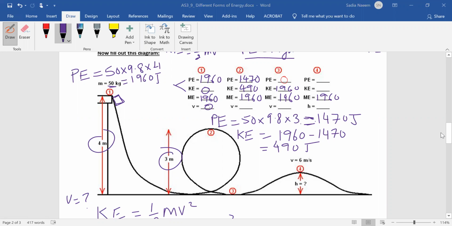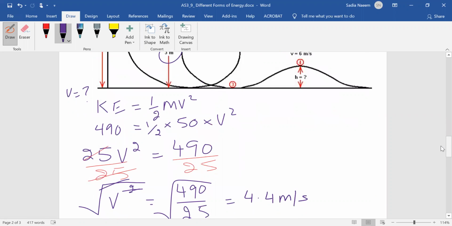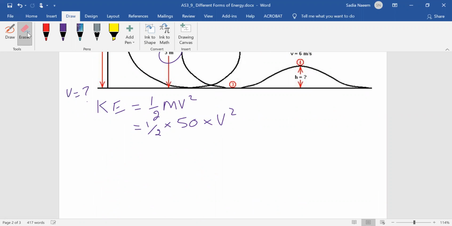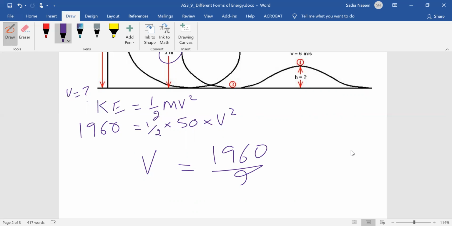As you do this, I'm going to start doing this here. Pretty much like what we did here, except in this part, you're changing your KE to 1960. And then you're going to solve for V, which basically means, I'm just going to skip to the very last step. It'll be 1960 divided by 25.